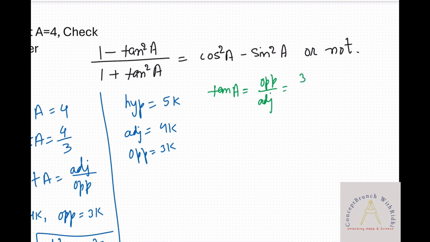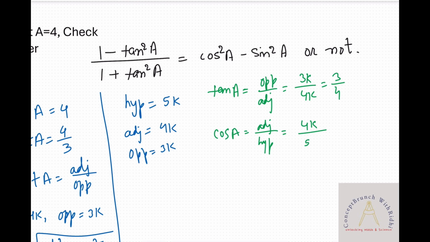So 3k divided with 4k, that is we can write 3 divided by 4. Cos A, that is your what? Adjacent divided with hypotenuse. Adjacent is 4k and hypotenuse is 5k, that is 4 divided with 5. And the last, sin A, that is your opposite divided with hypotenuse. That is 3k divided with 5k, that is equal to 3 by 5.